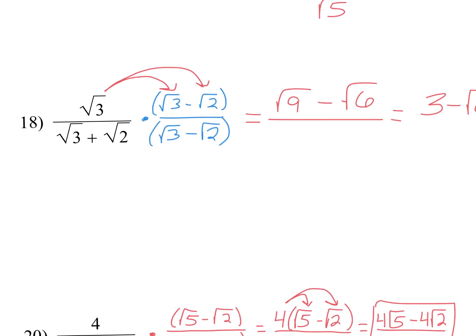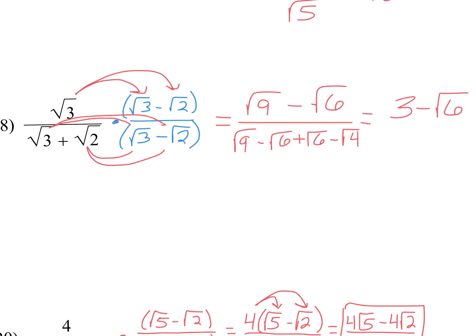What do I have to do on the bottom? FOIL. So I have square root of 3 times the square root of 3, square root of 9. Square root of 3 times square root of 2, square root of 6. Square root of 2 times square root of 3, square root of 6. Square root of 2 times square root of 2, square root of 4.